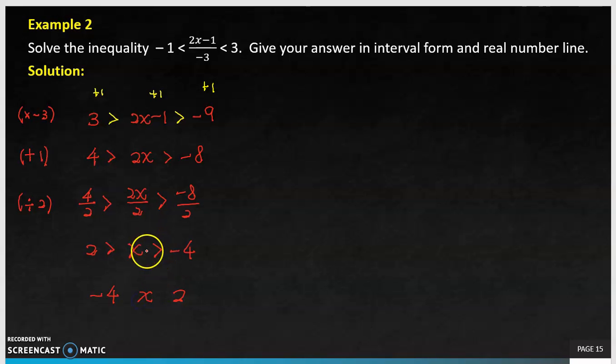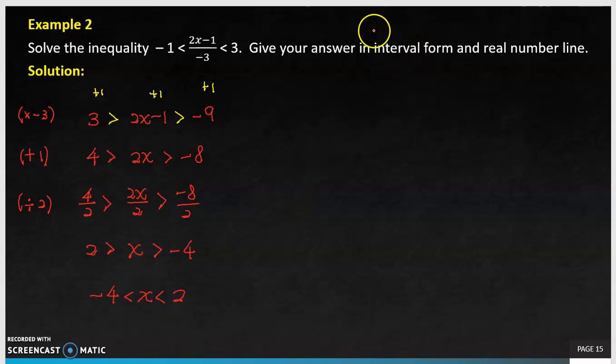Look carefully at the inequality sign: between x and -4, the sign is pointed to -4. Between 2 and x, the inequality sign is pointed at x.